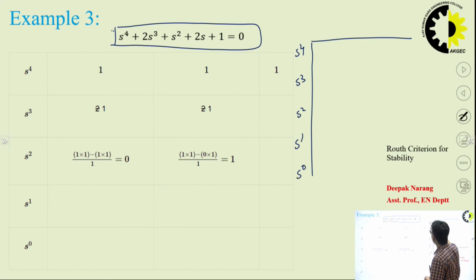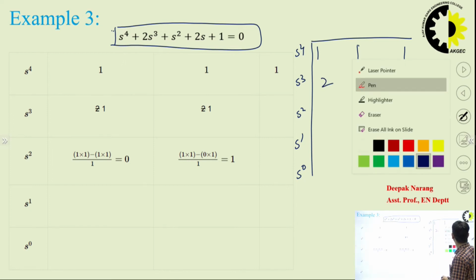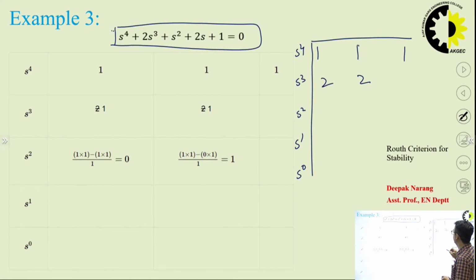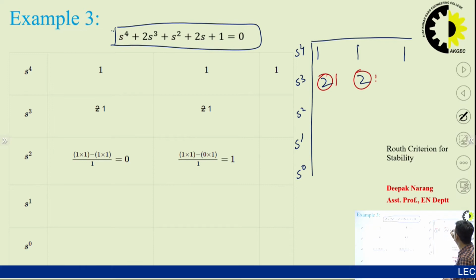Now go for putting the coefficients 1, 1, 1, 2, 2. Now here what we can do, as in this row 2 is common, we can simply replace it by 1, taking 2 common from this particular row.